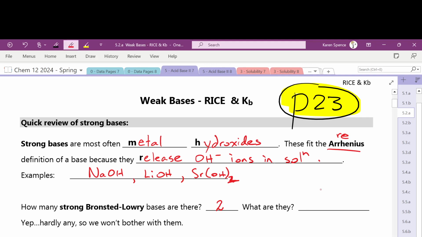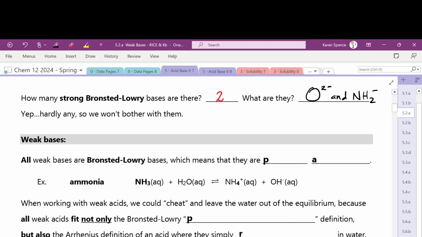They are O2 minus and NH2 minus. Is that good? Okay. Weak bases.